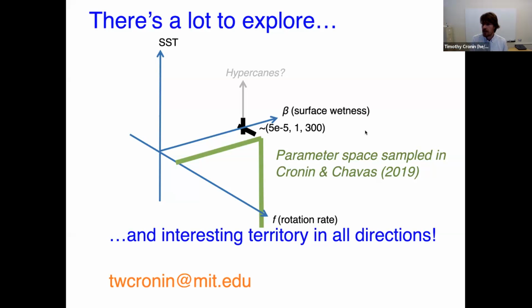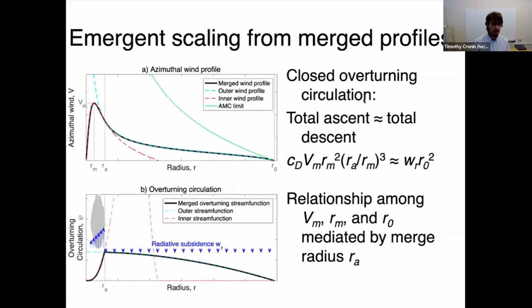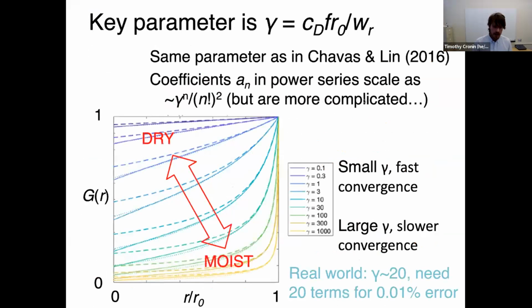Yeah, that's a good question. The one place where my work has touched on that more is the solutions to this theoretical outer wind model, and a key property there is the radiative subsidence speed.